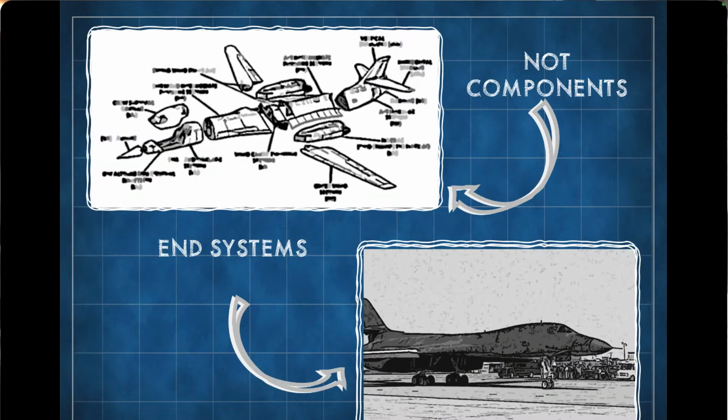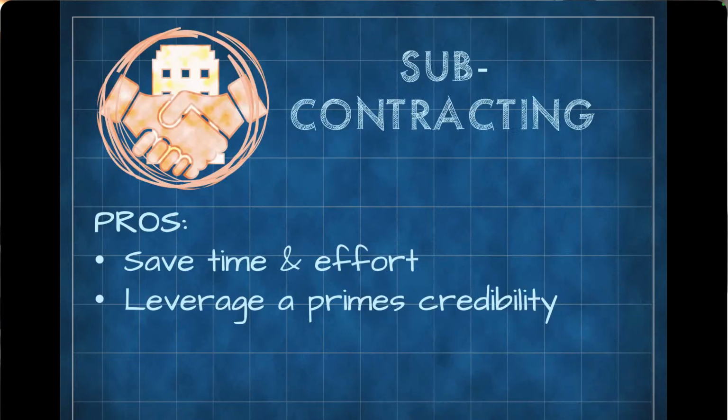In this model, if you create the engines, the government probably isn't going to buy an engine by itself. So you want to go find whoever the prime contractor is, your Boeings, your Lockheeds, whoever builds the full plane, and you're going to try to sell the engine to them. Okay? And the great thing about subcontracting is, and by the way, I'm talking about this as big items, like an engine.